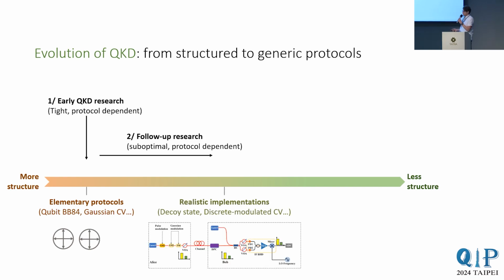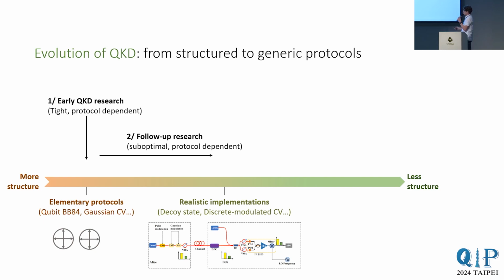But we quickly realized that if we want to prove the security of realistic hardware, we must take into account all the differences that exist between our idealized models and the real device, because the differences are important for security.